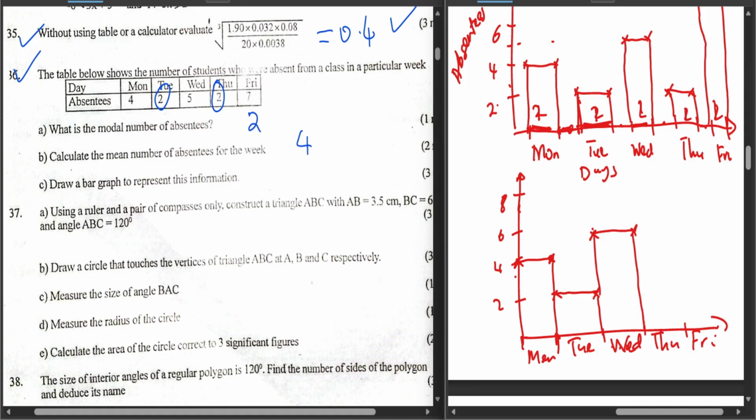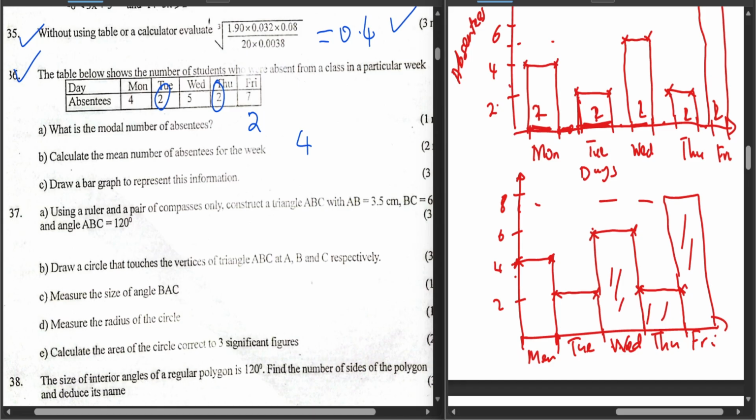Thursday obviously we have 2. And Friday we have 7, around there. So yes, you can opt to draw it like this rather than skipping. I think this is the best one compared to the one where you skip.